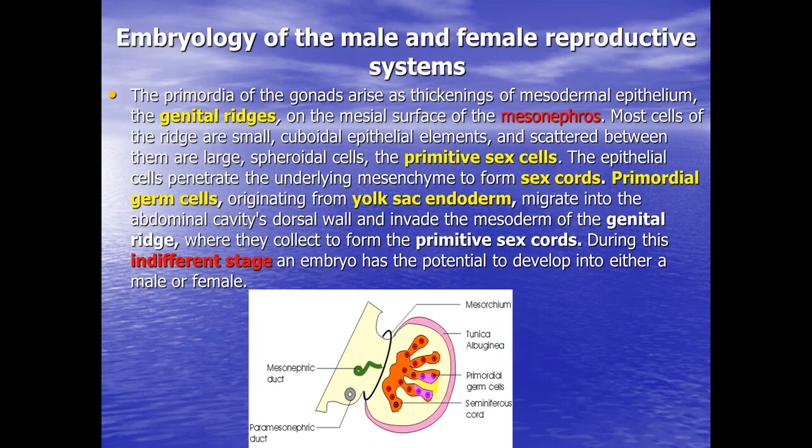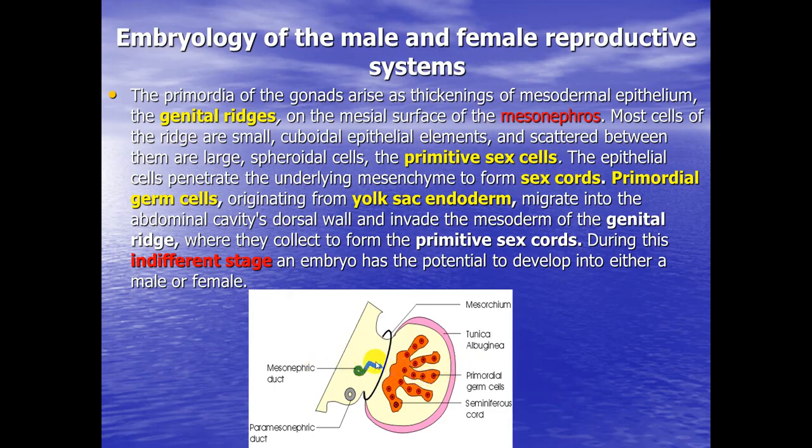The main epithelial cells in these genital ridges develop from the mesenchyme here in situ, and these epithelial cells penetrate the lining mesenchyme to form the sex cords.